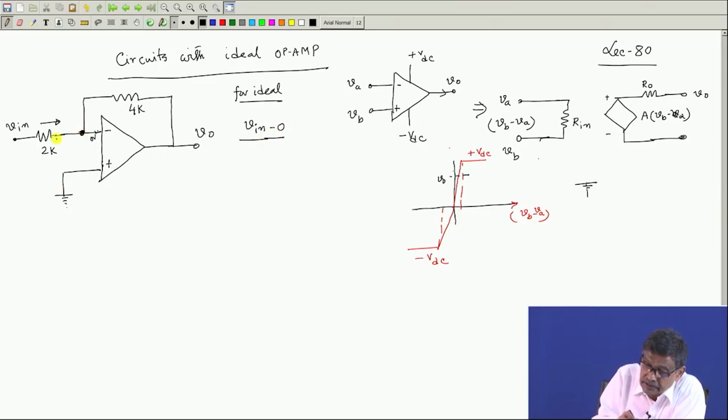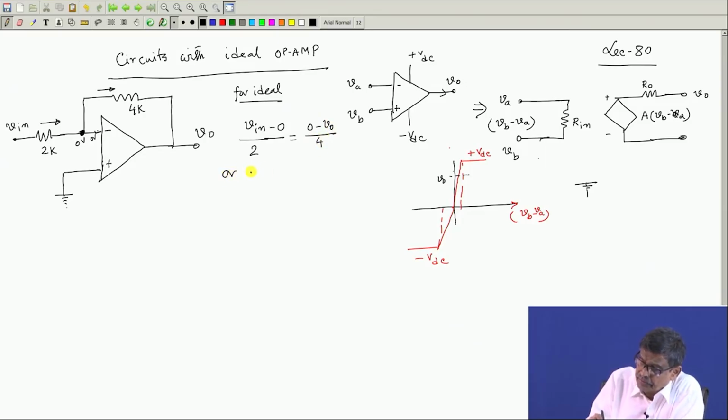I have indicated the arrow this way, so the current is this divided by 2K. If V is in volts and resistances are in kilo ohm, the currents will be in milliampere. Then what will be the current this way? This will be the potential of this point, which is 0 volt, minus the potential of the output, which I have defined to be V naught with respect to this ground. Therefore this current will be equal to 0 minus V naught by 4K.